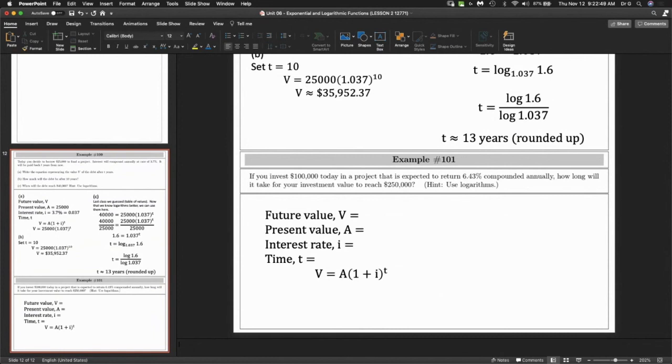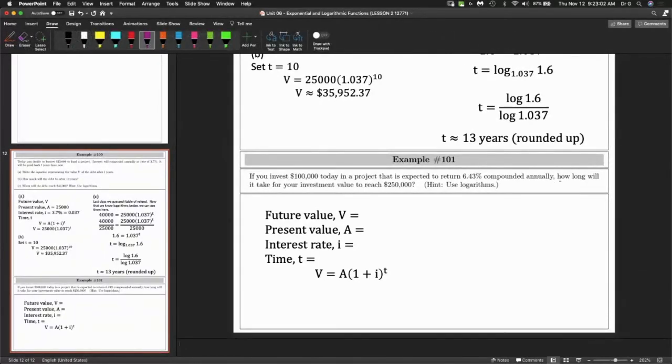So the question's asking, what is the future value? Oh, sorry, what is the time? It says how long. So when you see the words how long, how long means time. So let's sort that out here.